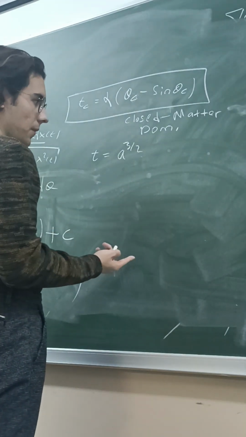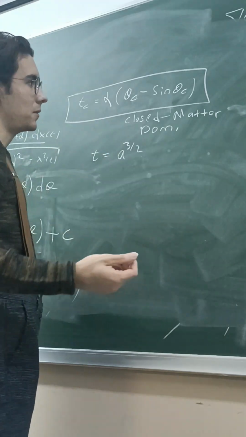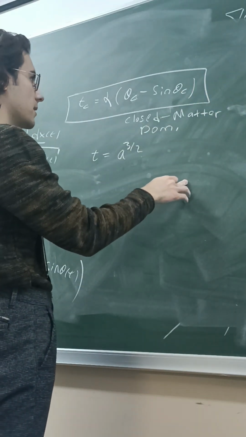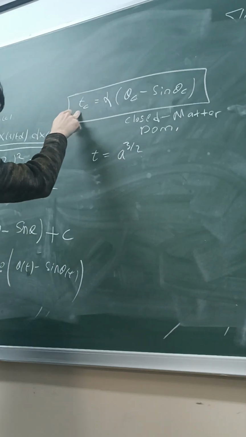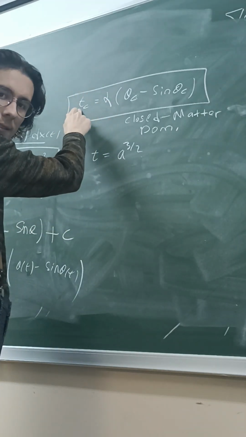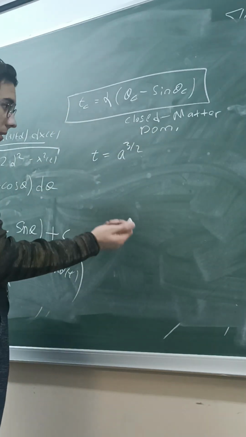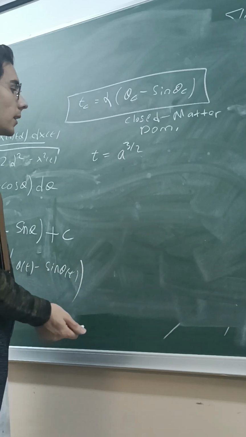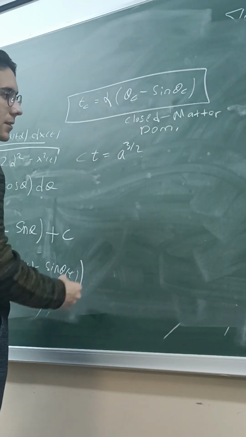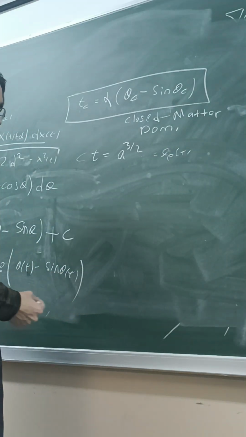A was the scale factor, right? But it's better for me to write it in the form of scale factors. We multiply both sides by the speed of light, so you get something in units of length. It is actually the horizon distance, because in the previous cases, as you can remember, we did the same thing. We multiplied every side by ct, so it gave us horizon length or physical distance.